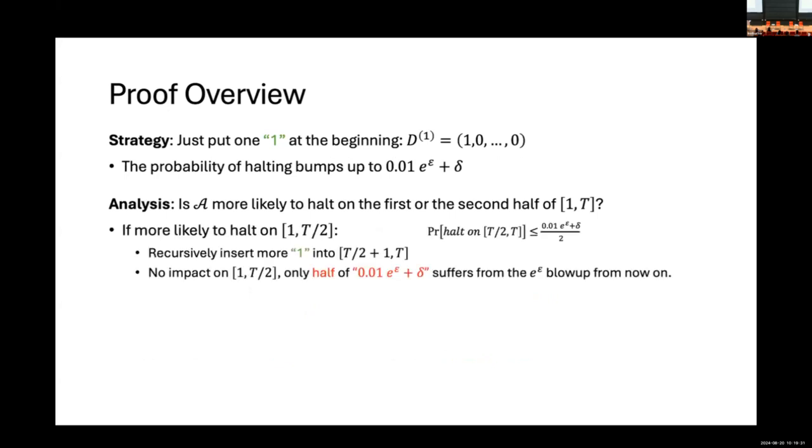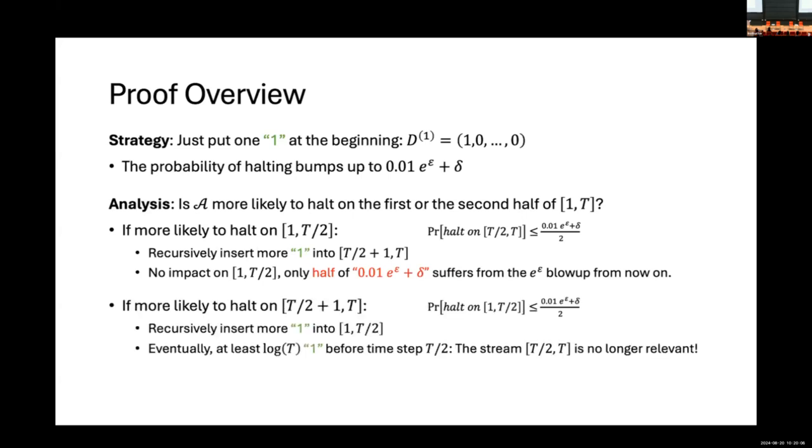If the algorithm is more likely to halt on the first half, it implies that conditionally on not halting on the first half, the probability of halting on the second half of the stream is actually small. Specifically, it's less than the original quantity divided by 2. In that case, we insert more updates into the second half of the stream. Since we are analyzing an online algorithm, this has no impact on the first half of the stream. So in only half of this probability mass, we will suffer from the e to epsilon blow up from now on.